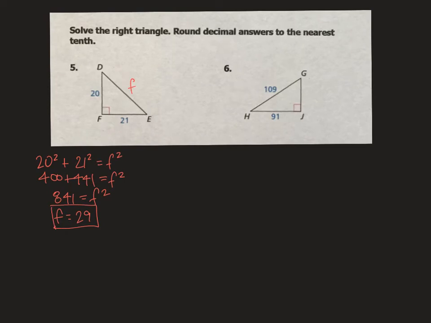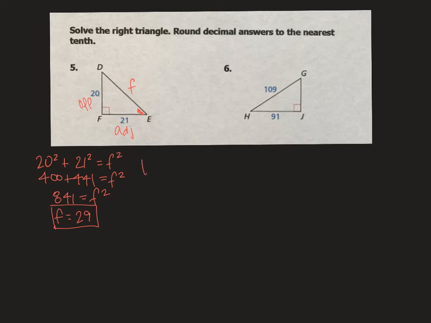And now I just have to find my two angle measures. So I'm given both of the legs. So I'm going to find angle E first. So from angle E, 20 is my opposite side, 21 is my adjacent side, which would use tangent.